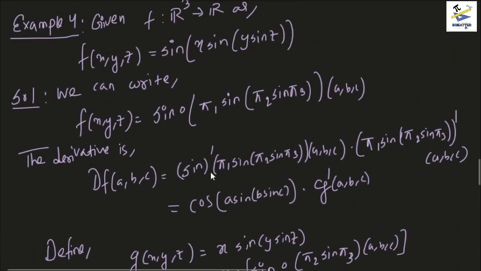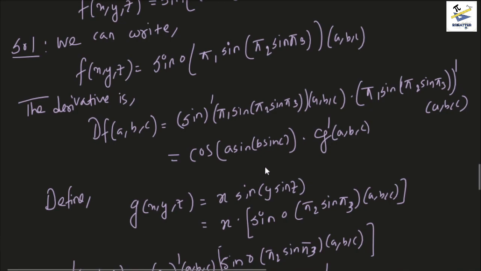Now we go back to our original problem. It was cosine of a sine b sine c into g prime ABC.